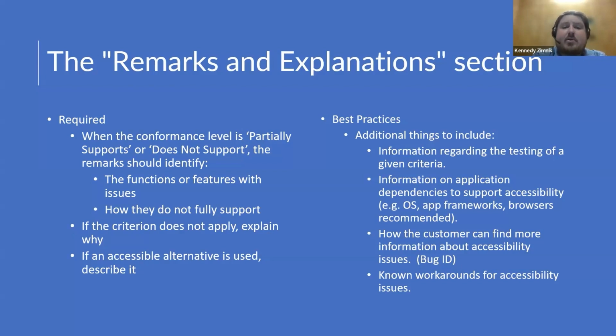Best practices for the remarks and explanation section. Some additional things to include: information regarding the testing of a given criteria. So how we tested this. If it's a specific use case that's getting this error, then include that in the remarks and explanations.